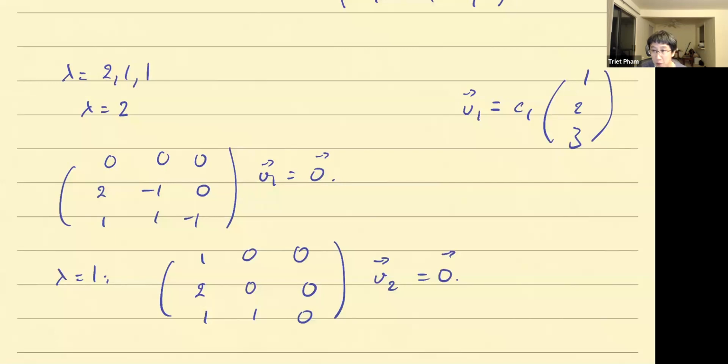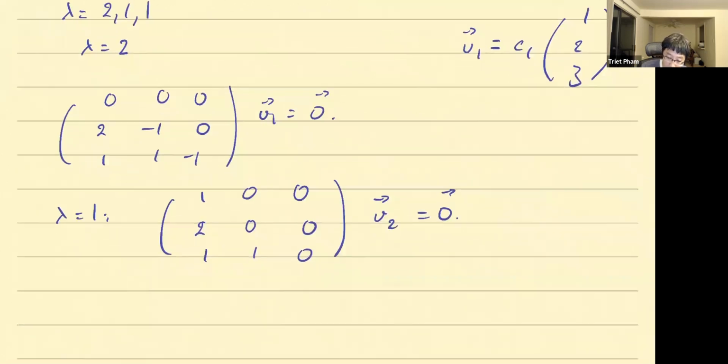So the question is, how many V2s do I find here? 1 or 2? 1, right? So my V2 will be, the first coordinate must be 0, and the second coordinate is also 0, and the last coordinate is free. So let's say 1, and then times C2. Is that okay?